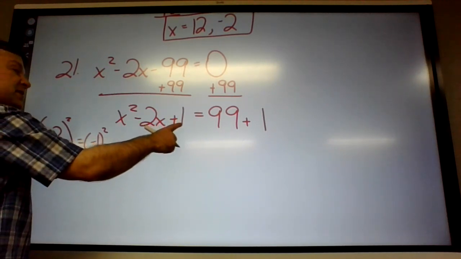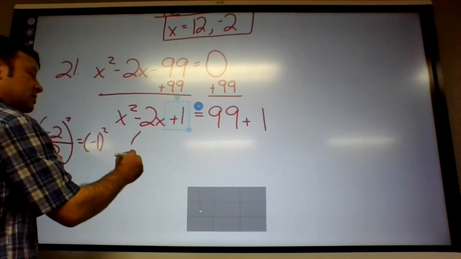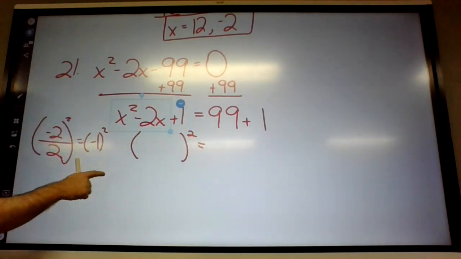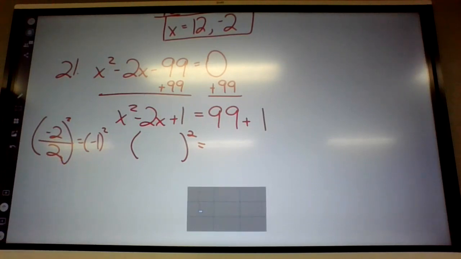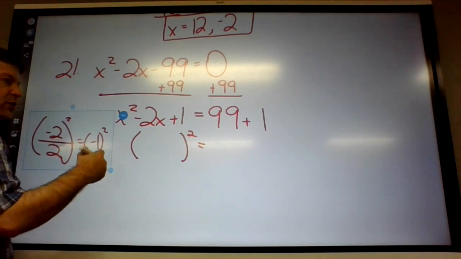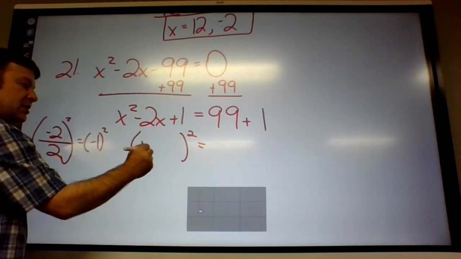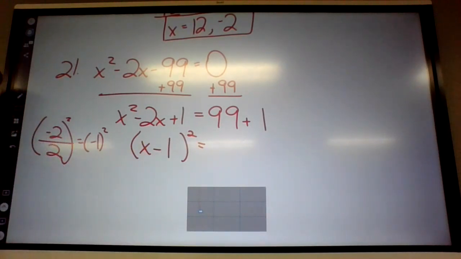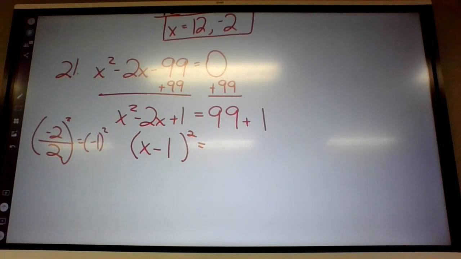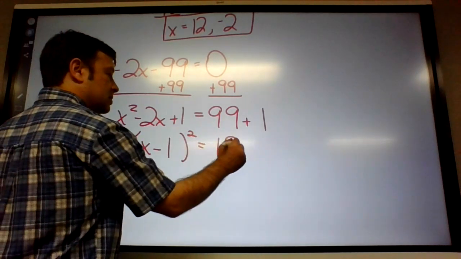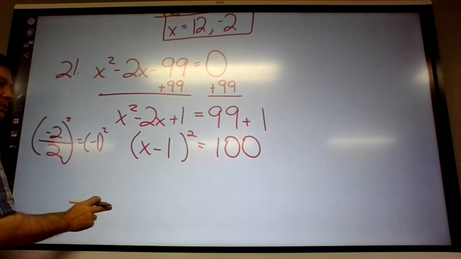What multiplies into 1 that adds up to negative 2? Yeah, that guy, negative 1. Negative 1 times negative 1 is 1. Negative 1 plus negative 1 is negative 2. Oh yeah, it's x minus 1 squared. And 99 plus 1 is 100.